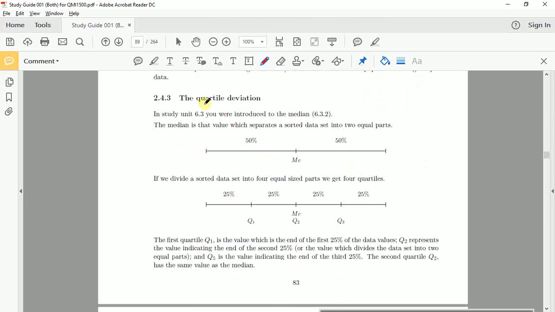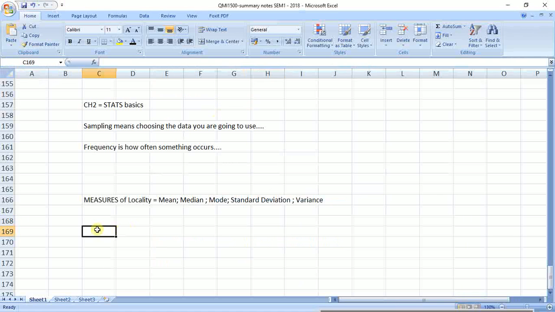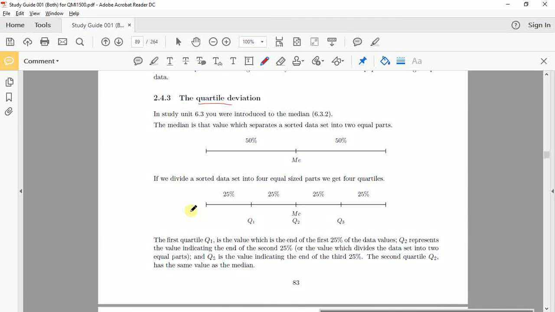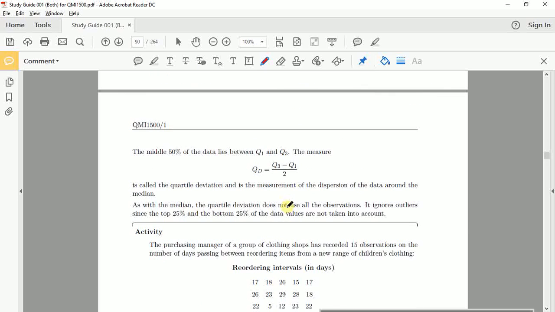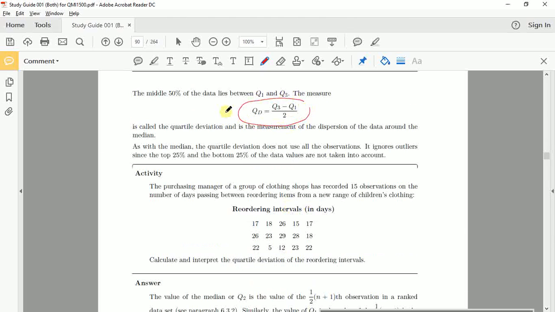Then quartiles are just looking at quarters, so 25% increments: 25%, 50%, 75%, 100%. That's looking at the quartiles. And then they explain that here. It's looking at the percentage of the 25%, the 50%, the 75%. The middle is lying between these two quartiles.